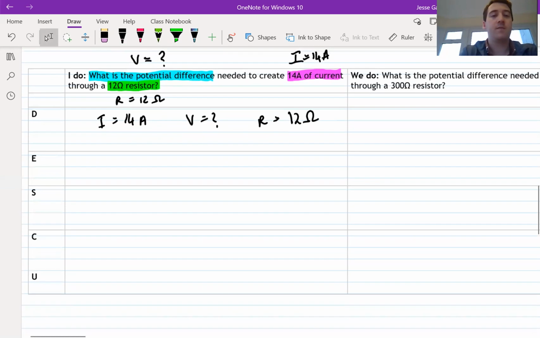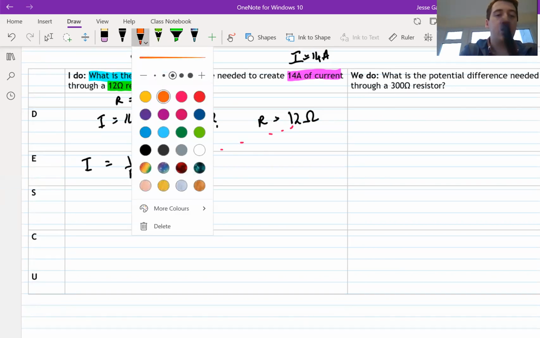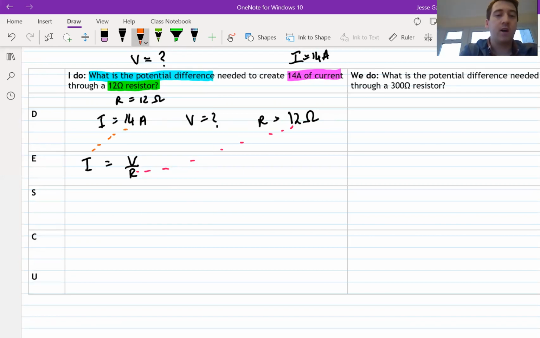On the next line, my equation is I equals V over R. I'm now going to substitute. So I'm going to put in 12 instead of R, and I'm going to put in 14 instead of I. So I'm going to get 14 equals V over 12.